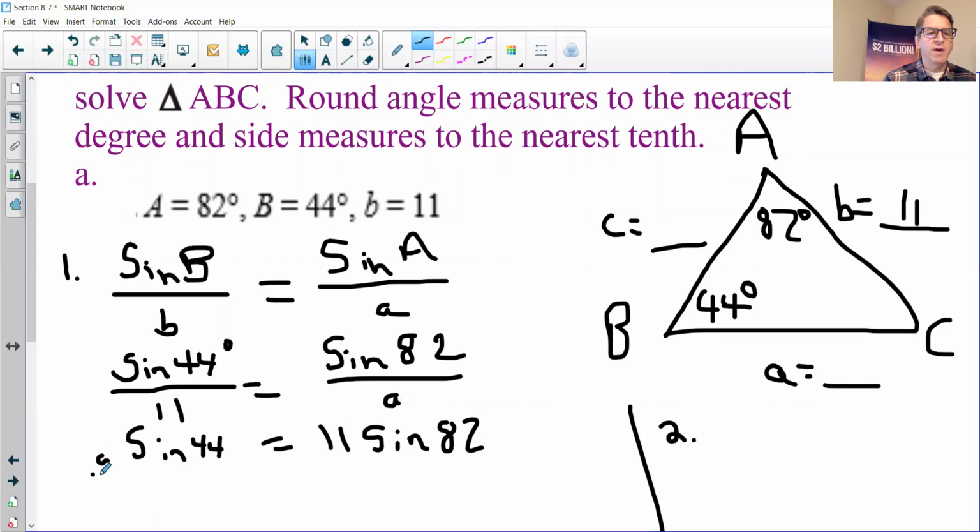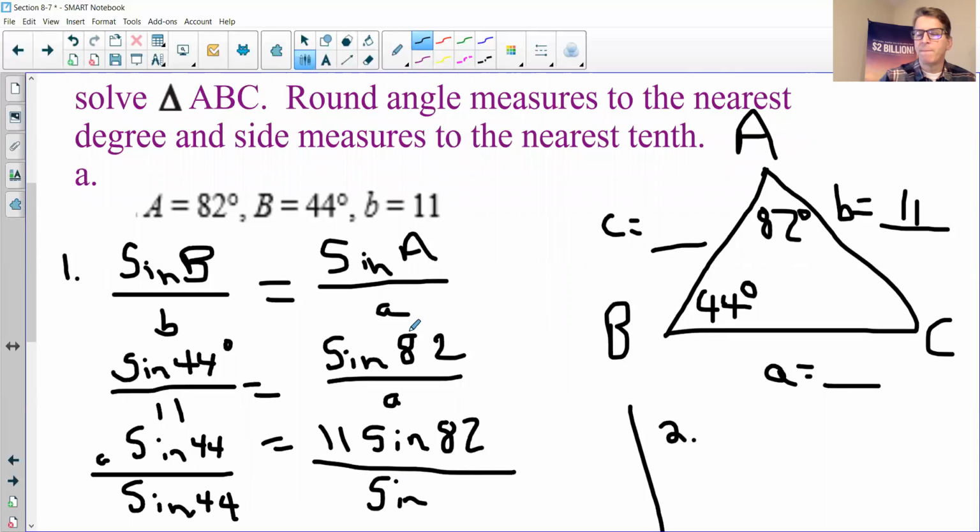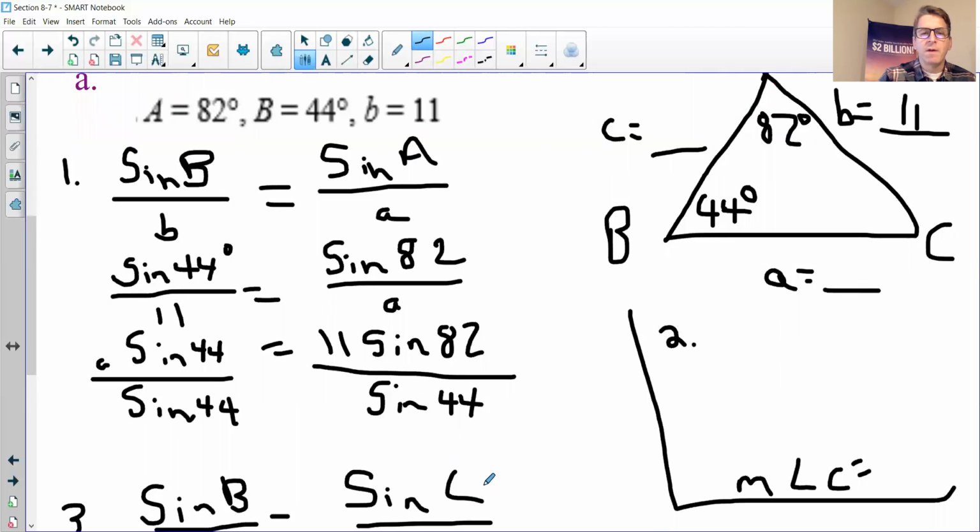Now I'm going to divide by the sine of 44. So by solving, you have side A to be 15.68, rounded to the hundredths.